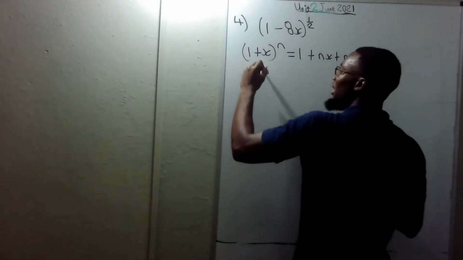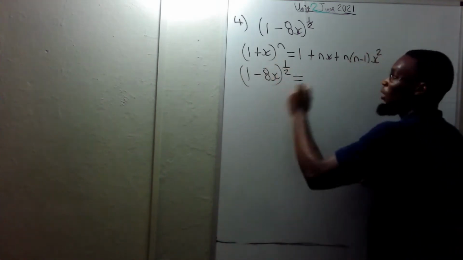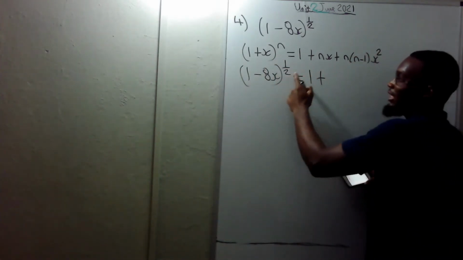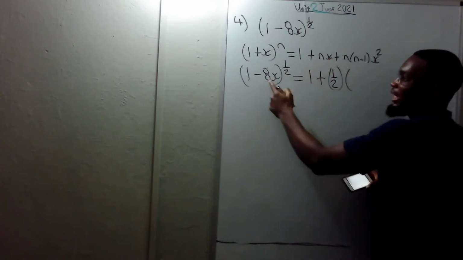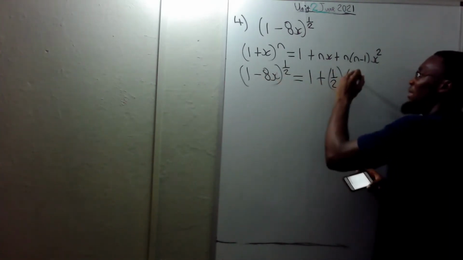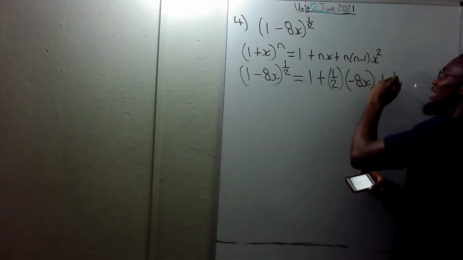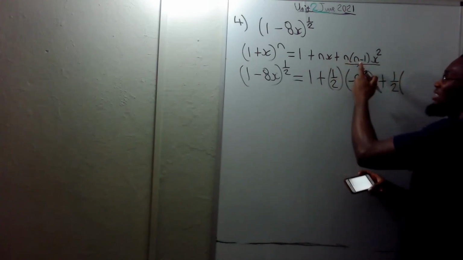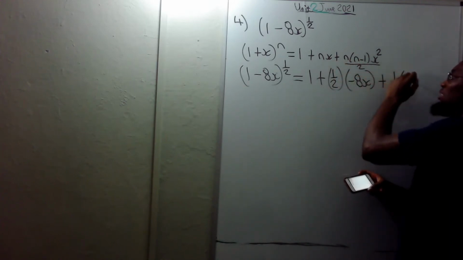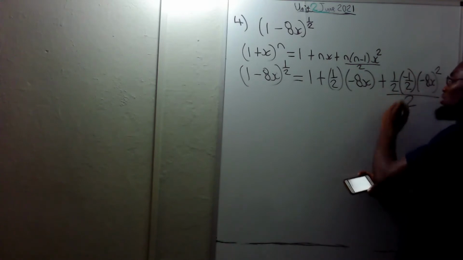Therefore, for (1 minus 8x) to the half, n is a half, and x is now negative 8x, plus a half times (a half minus 1), which is minus a half, times negative 8x squared over 2 factorial, which is 2.